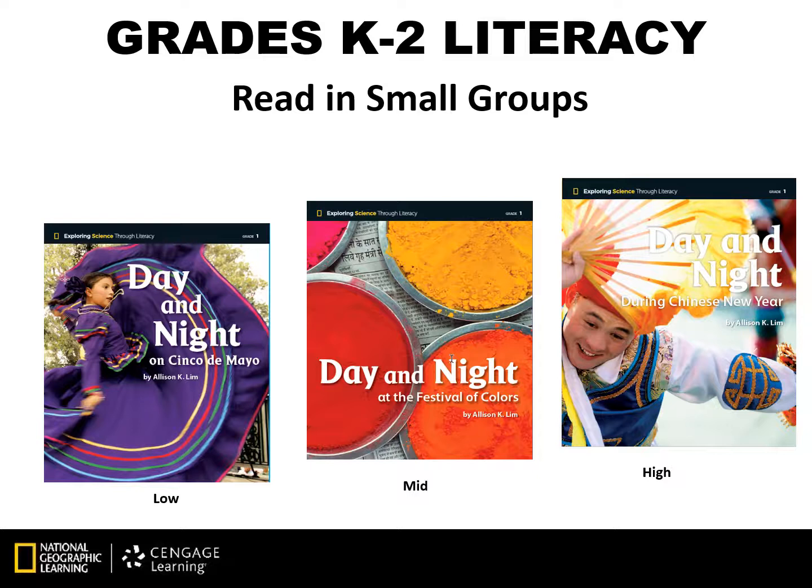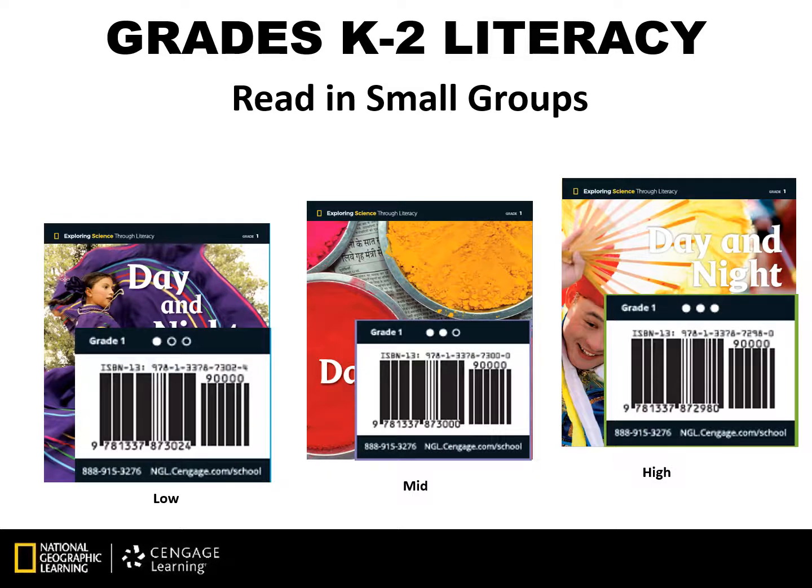Because the topics are different but related, students can become experts in a topic and share and compare what they've learned. On the back cover, near the barcode, you'll see colored in circles representing the differentiation.